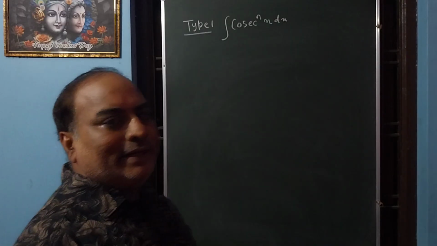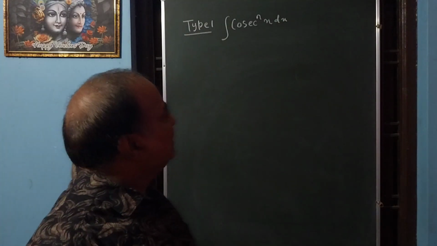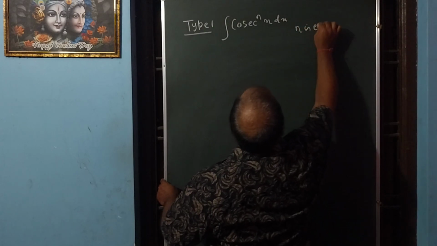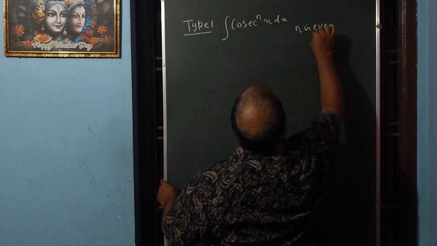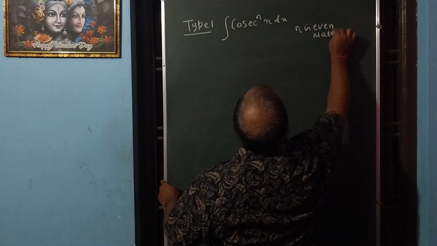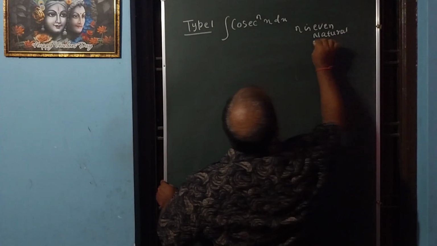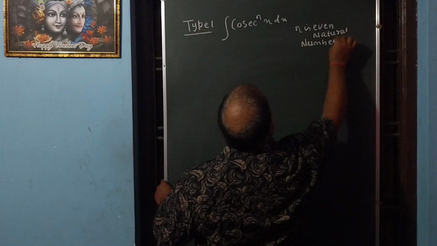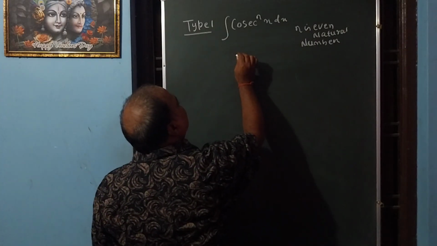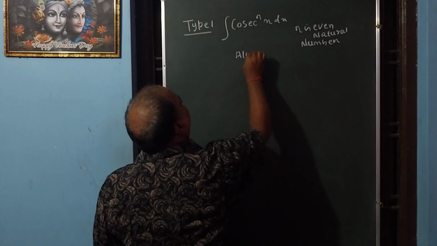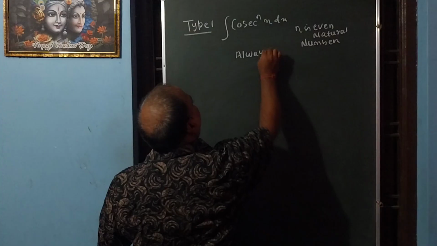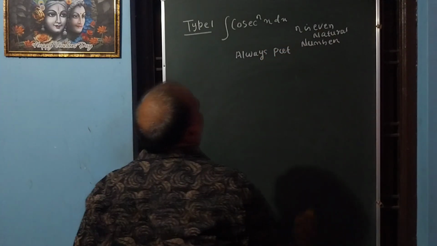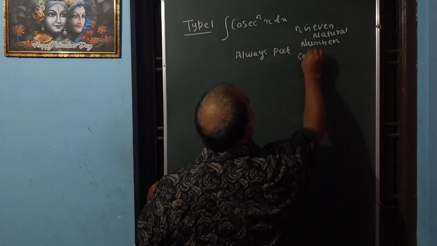Integration of cosec to the power n x dx, where n is an even natural number, then in this case always put cot x equal to t.